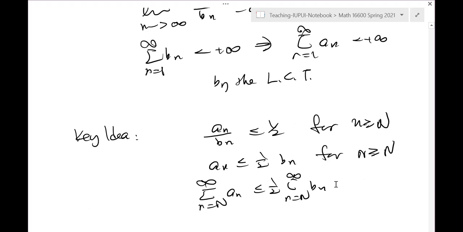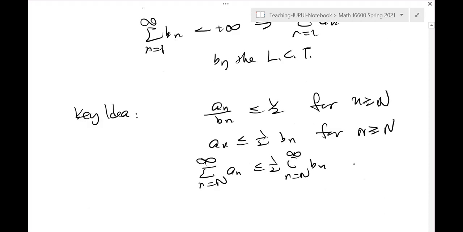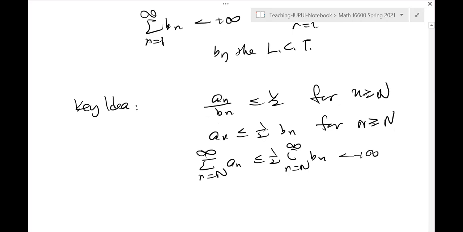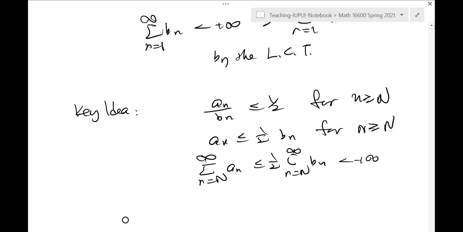So the series on the right-hand side being finite implies the series on the left-hand side is finite. Okay, so that is the key idea. All right. Here, I'm not going to go into that. So we did enough exercises.